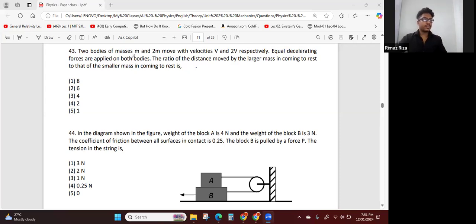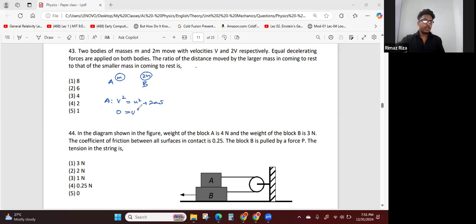So first I consider the smaller mass. We have two masses, one is m, the other one is 2m. I take these as A and B. First I consider A, and I can use v squared equals u squared plus 2as. The final velocity is 0 when it comes to rest. The initial velocity of m is v.